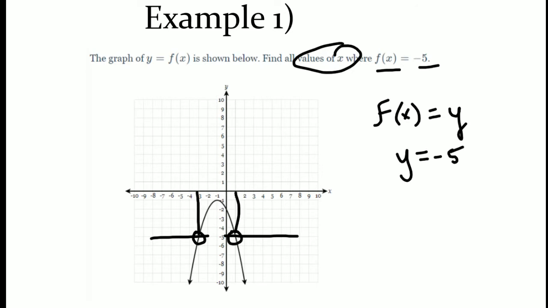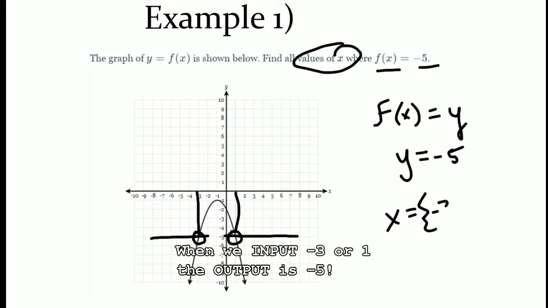So find all values of x: that would be when x equals -3 and +1. All right, input, output. Input is the x value, output is the y value. All right, let's go on to the next problem.